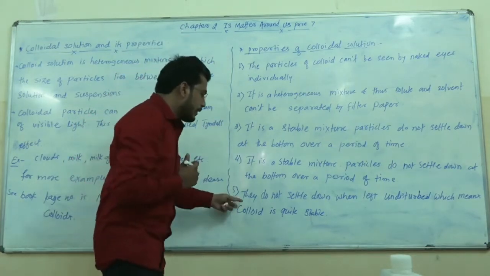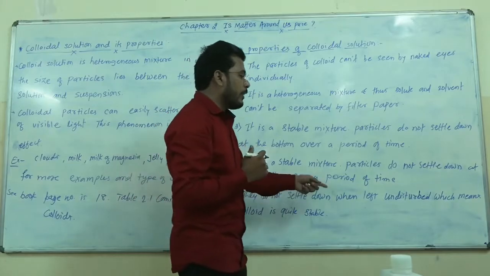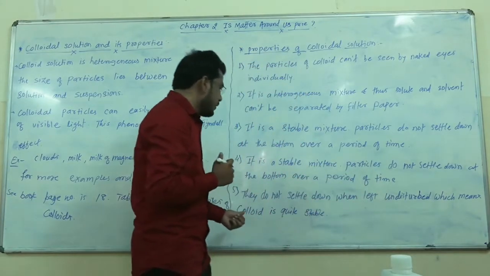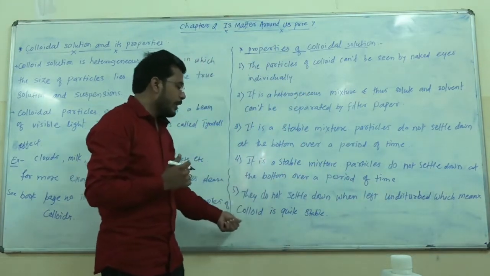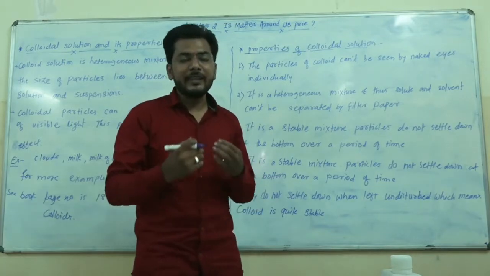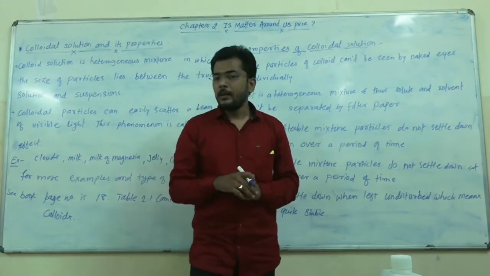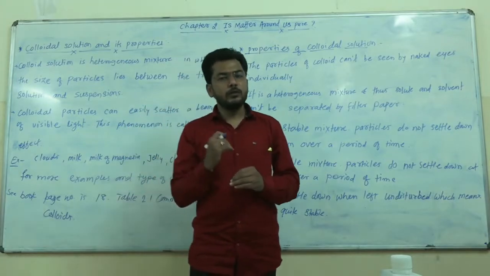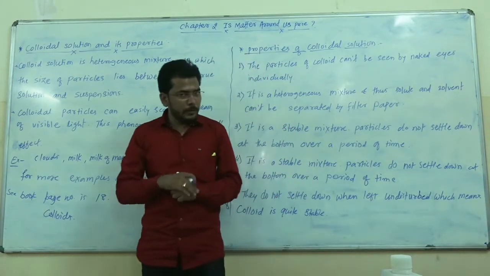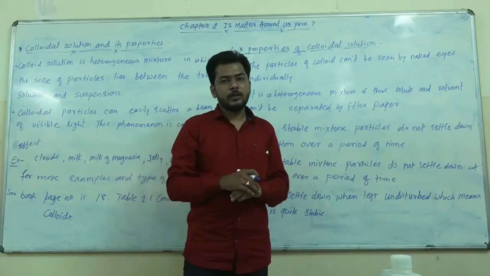Now the fifth property: they do not settle down when left undisturbed, which means colloid is quite stable. It indicates that it is a stable mixture. We know that solution is a stable mixture, and colloid is also a stable mixture.